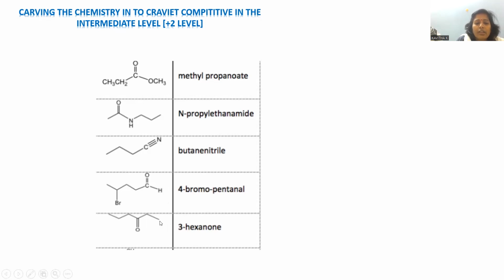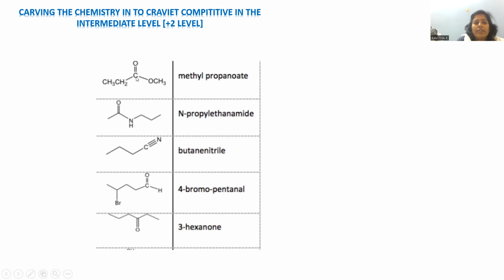Here 1, 2, 3: on the third carbon you can find the ketonic group, so let me mention 3. Being a member of a 6 carbon chain, hexa will be the prefix. The third carbon holds the carbonyl, so 3-hexanone is the IUPAC name of this compound.